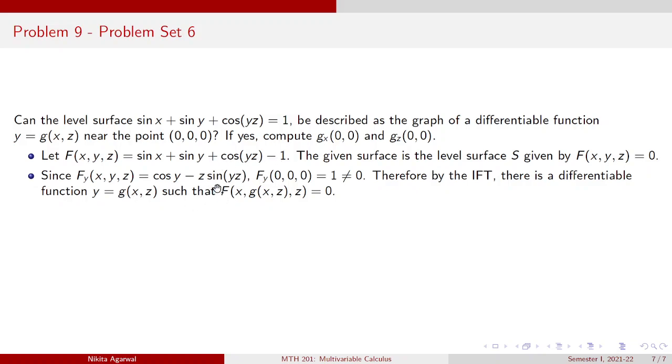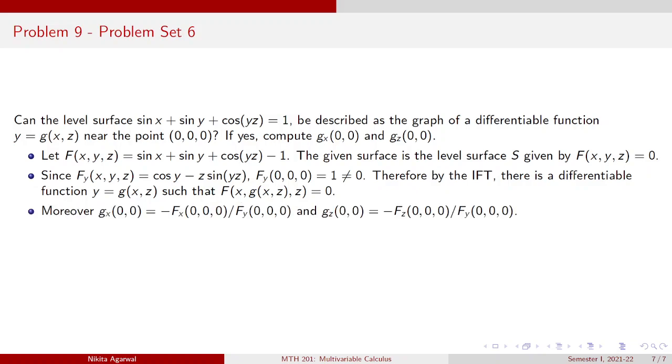Now, if you evaluate it at (0, 0, 0), you get 1, which is non-zero. Therefore, by the implicit function theorem, there is a differentiable function y equal to g(x, z) such that F(x, g(x, z), z) equal to 0, right? And this is near the point (0, 0, 0).